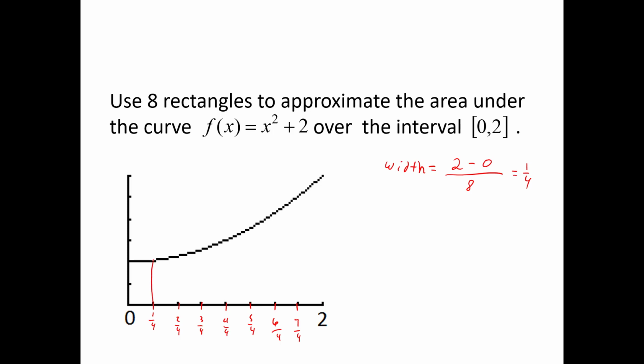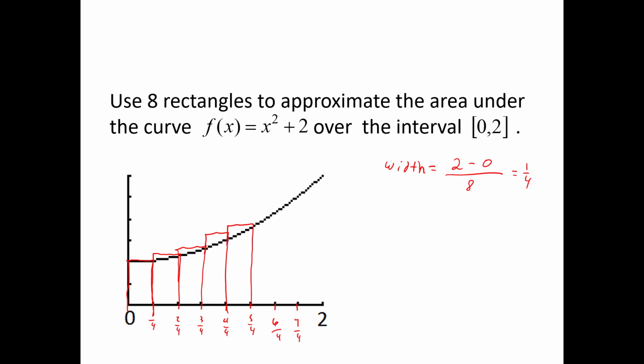So here we'll use the quarter, go across, and then down. That's my first rectangle. For the second one, we'll start at 2/4, go across, and then down. 3/4, and then down. 4/4, across, and then down.